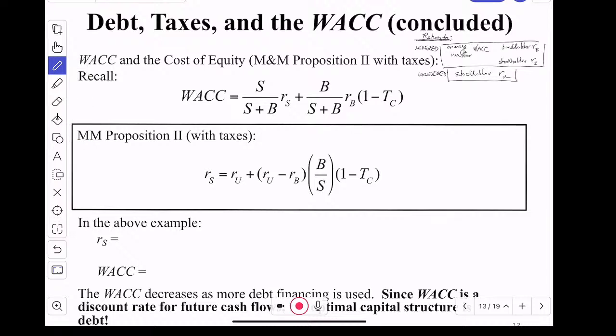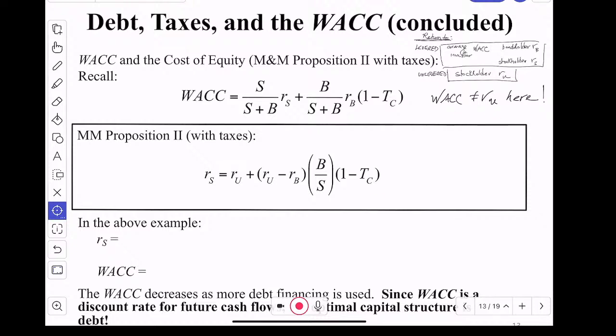Note that the WACC is not equal to the return to the investor in the unlevered firm anymore. This is going to change. Initially they were the same, but they're going to change. This formula is based on the last proposition, and I just added in taxes. You wouldn't be able to solve it in the same way because these aren't equal.